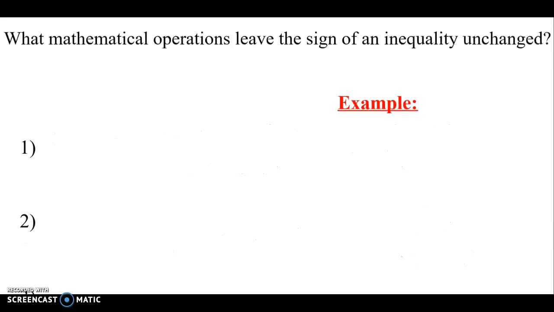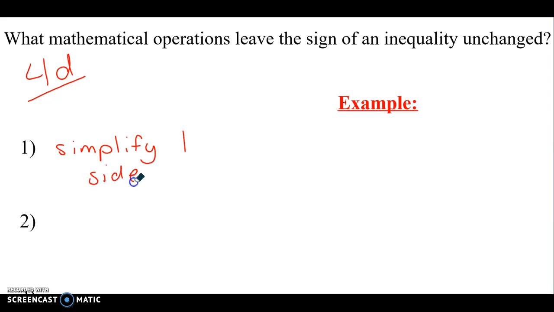Okay. Now the next one is 4D on your pretest, and there's 3 scenarios. The first one is if you just simplify one side. So these are which you would keep the sign unchanged. You don't change the sign.